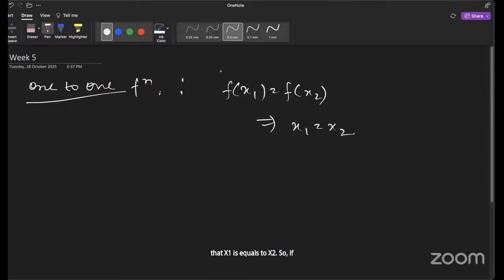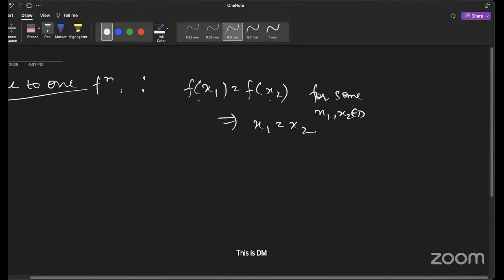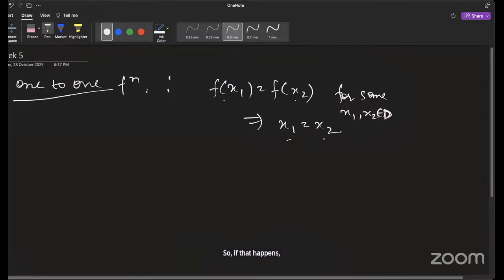So if you have a function such that whenever f(x1) equals f(x2) for some x1, x2 belonging to the domain, I'm denoting the domain by D, then your x1 and x2 should be equal. For example, if you have x plus 1, that's never going to happen here. That's also one of the ways you check one-one functions.